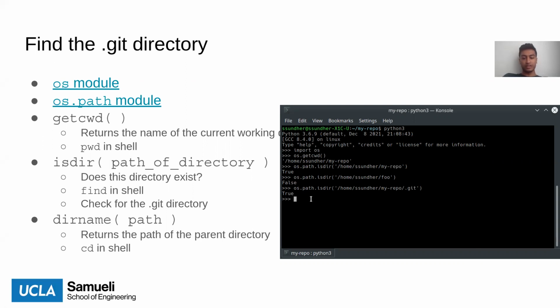So the way we do that is by using dirname. So if you do os.path.dirname of /home/sender/my_repo, it'll just give you /home/sender and chop off that last bit of the path.